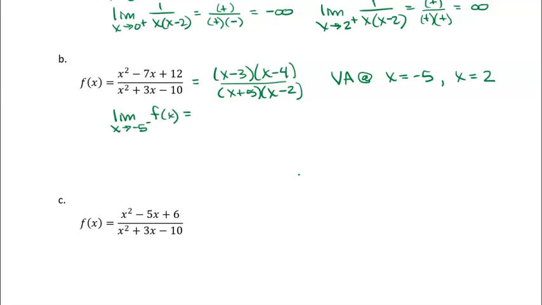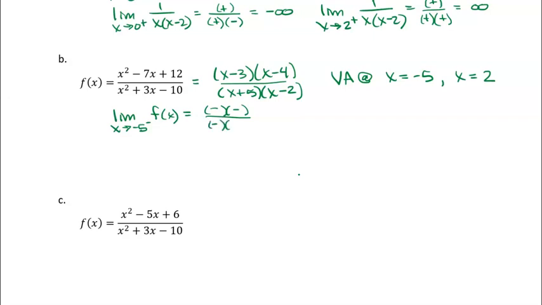So the first factor here is going to be negative. And this factor is also going to be negative, right? Because if I put in negative 5 in either one of those factors, I'm going to get negative factors. Now, the x plus 5. Now I'm to the left of negative 5, so I'm a little bit more negative, like say negative 5.1, and if I add 5 to that, I'm going to get something negative.